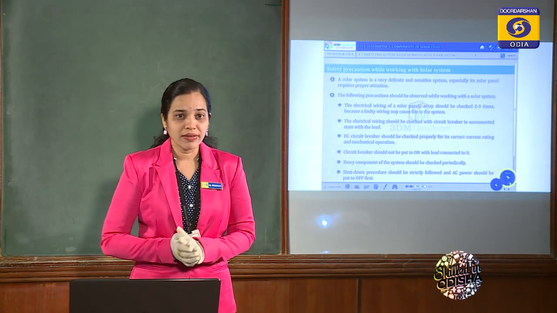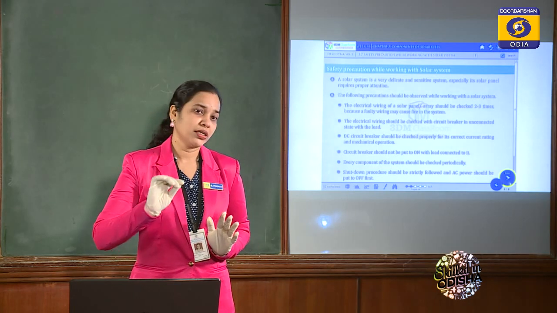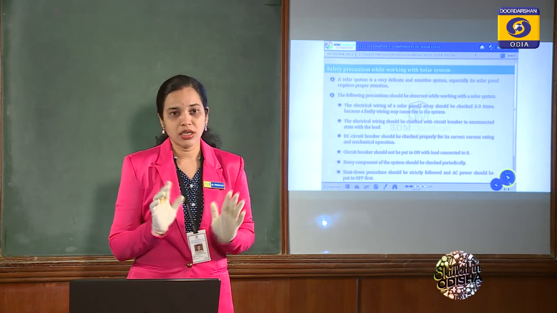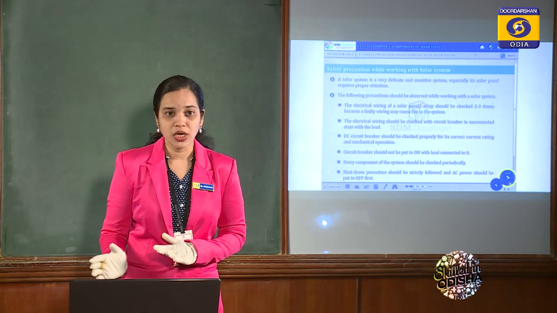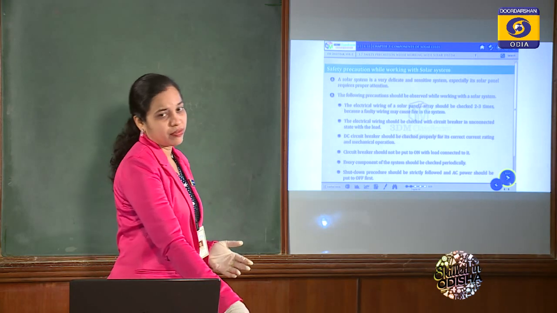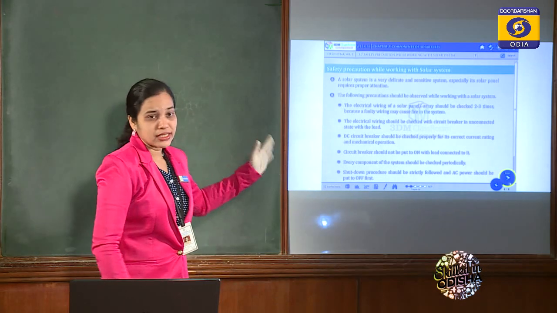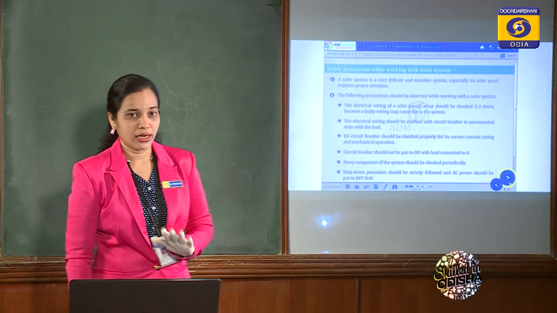Even in a big array system, if there is a little mistake in the connection between two modules, it will not give proper output and it will damage our whole system. So we have to be very careful about the electrical connections of each cell, each module and the arrays also.